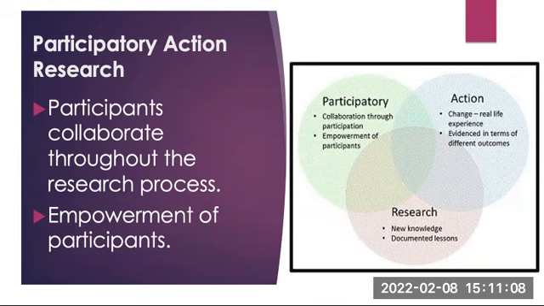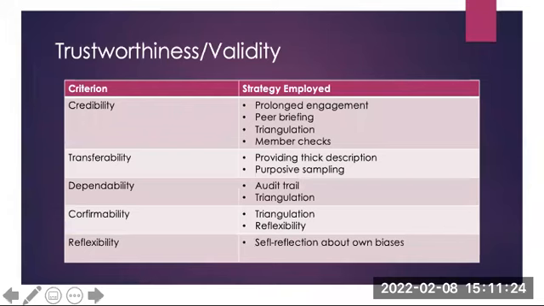And throughout this process, we empower participants so that they can make change happen to the situations that they're experiencing in their lives. So finally, let's talk about trustworthiness or validity.